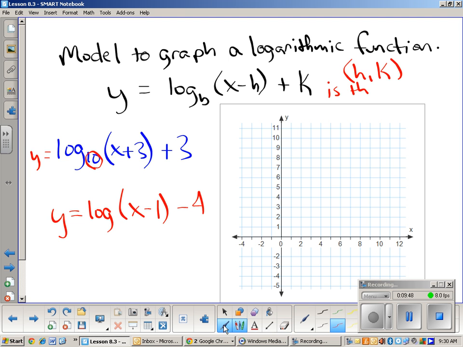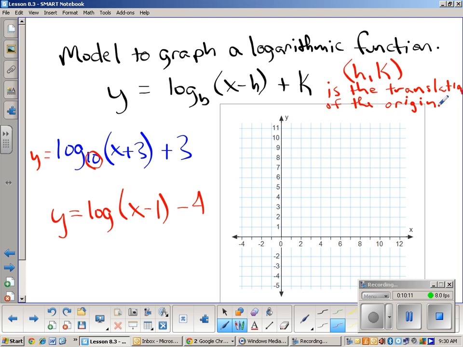I started to say translation as I wrote it and I threw an A in there. It's a translation of the origin.